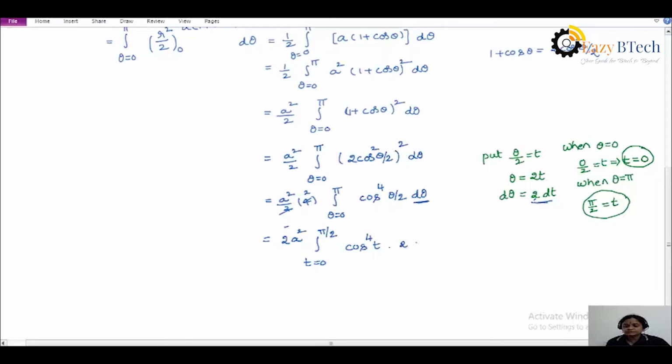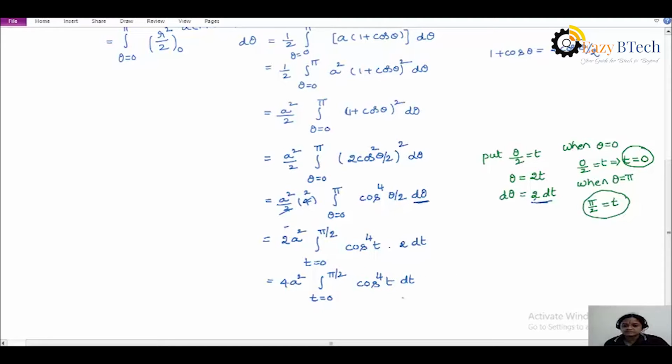Again 2 is common, already 2a square is there, so that is 4a square integral t equal to 0 to pi by 2 cos power 4 t dt.